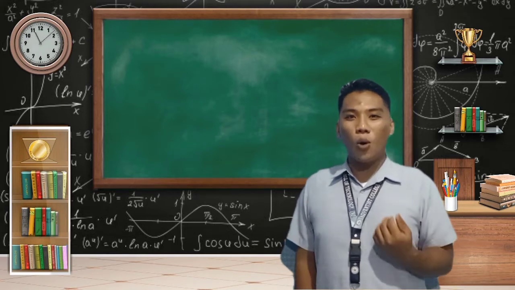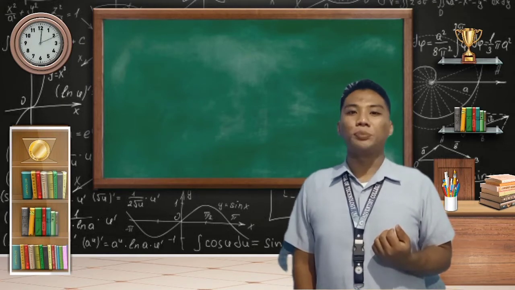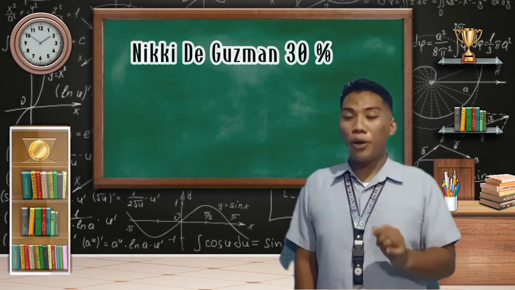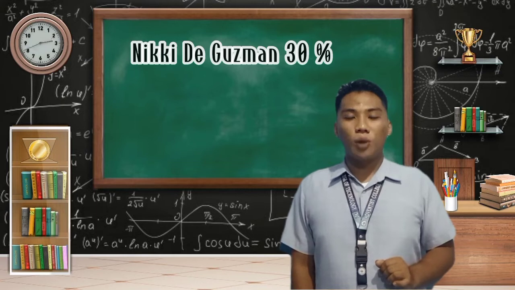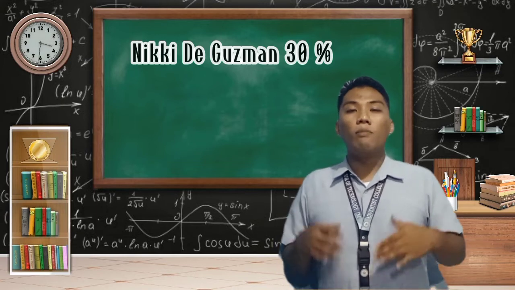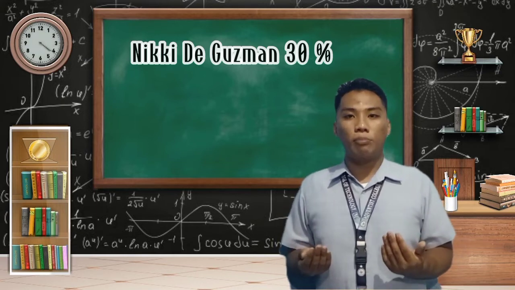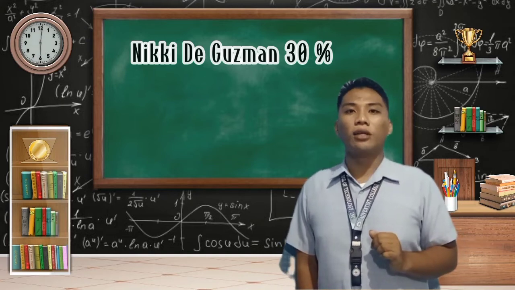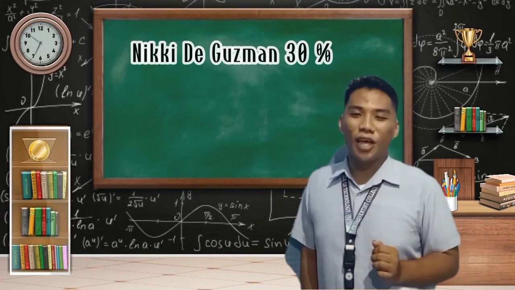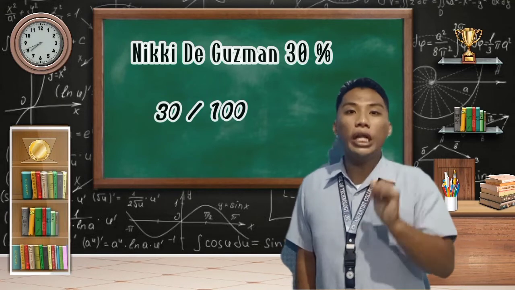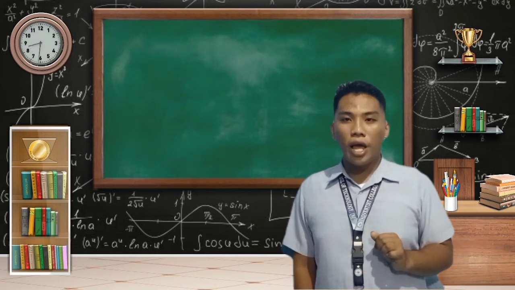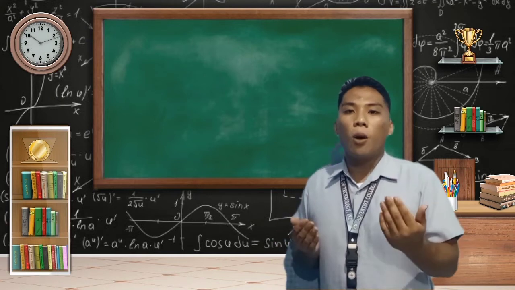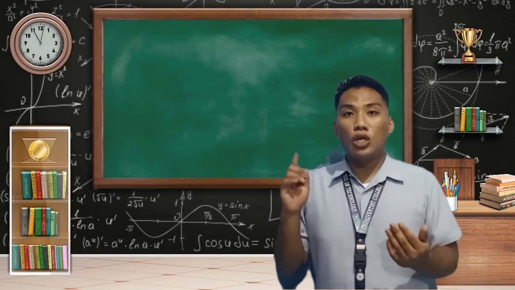Okay, let's go through this problem. Again, Miss Nikki de Guzman garnering 30%. So according to our lesson, we must convert it into a simple fraction. So what is 30% in fraction? Anyone? Okay, very good. It will be 30 over 100. So according to our lesson again, the first term will become the numerator.